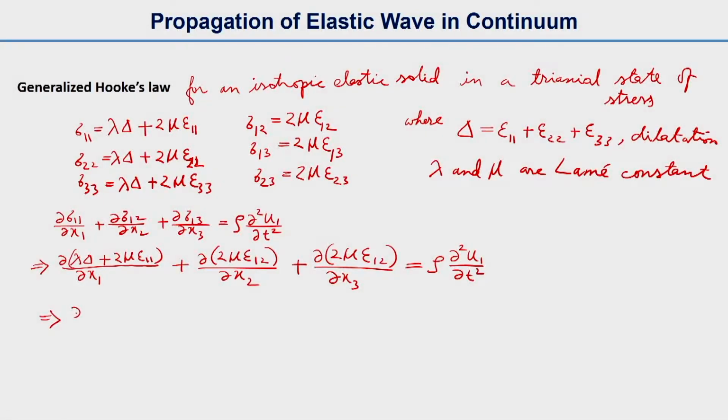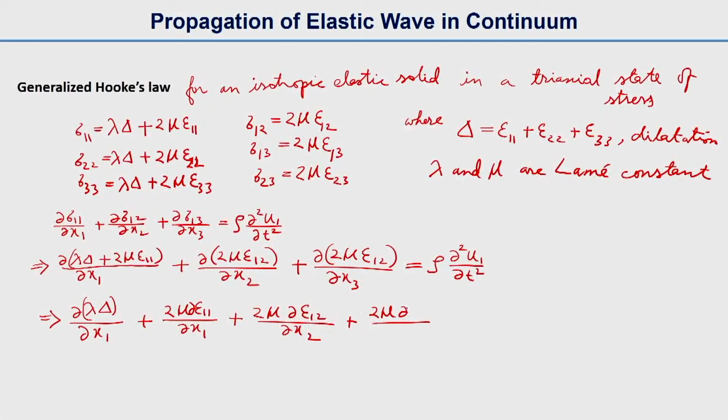and if we simplify more, partial of lambda multiplied by delta with respect to x1, then twice mu partial of epsilon subscript 1 1 with respect to x1, sorry there will be a partial sign here, plus twice mu partial of epsilon 1 2 with respect to x2 and twice mu.